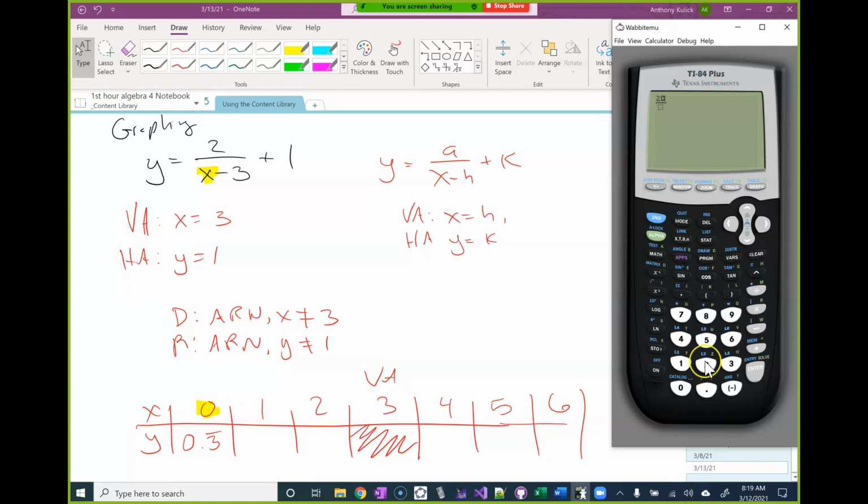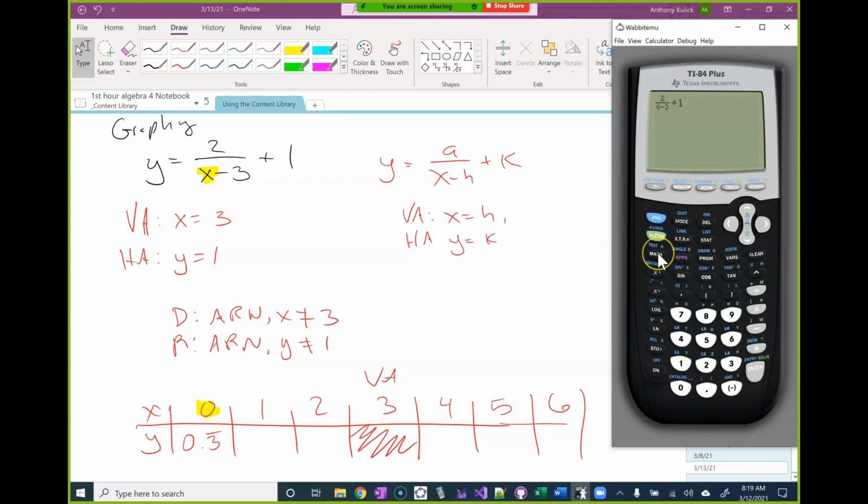Then I'll put 2 in my numerator because that's what it looks like in my function. My first x is 0, so I'll type 0. Then I'll do my minus 3, move my cursor outside of the fraction, and type my plus 1.